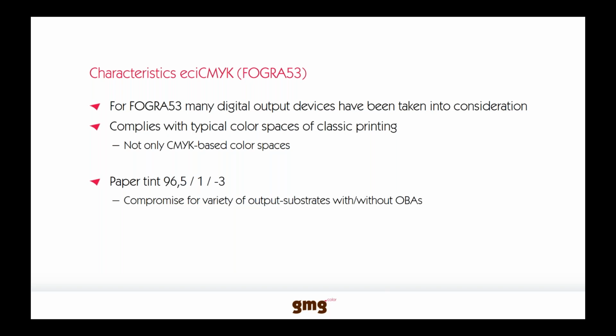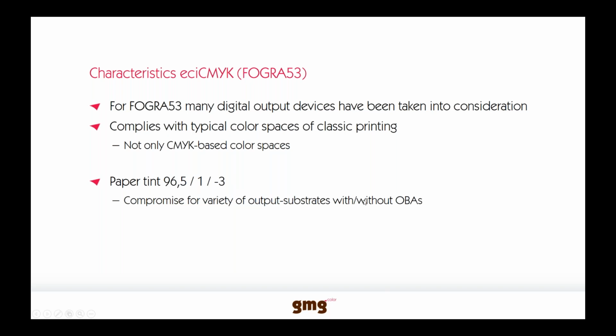And now let's talk about the paper tint. You already see the paper tint, it has an L value of 96.5, the A value is 1, and a B value of -3. So especially the B value is interesting since the more negative the B value, the more bluish the paper, the more OBAs are assumed to be on the paper.